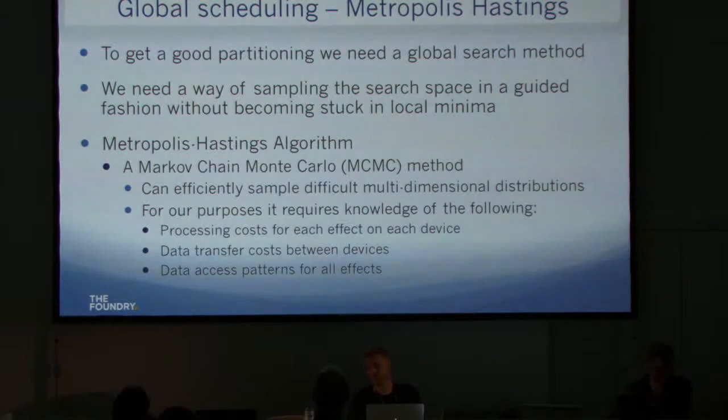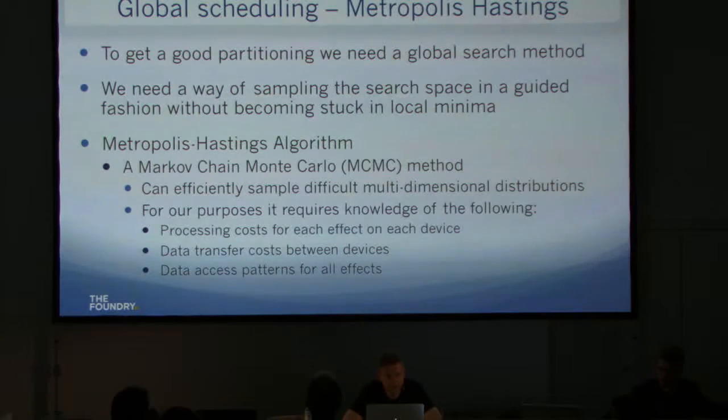And so we did some research, and it became clear that there was an algorithm out there called the Metropolis-Hastings algorithm, which is a Markov chain Monte Carlo method, which was actually very good at sampling these high dimensionality spaces in a guided fashion and coming up with highly efficient, optimal solutions to these problems.